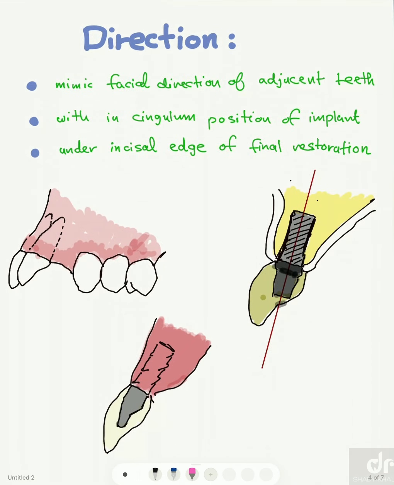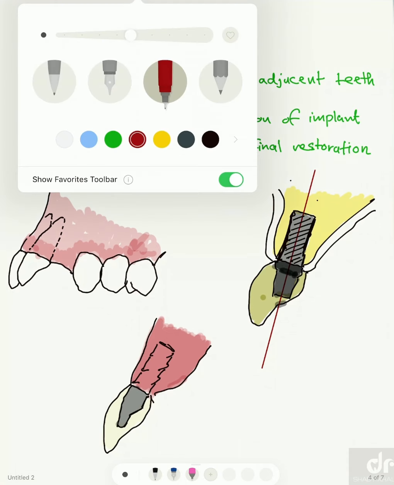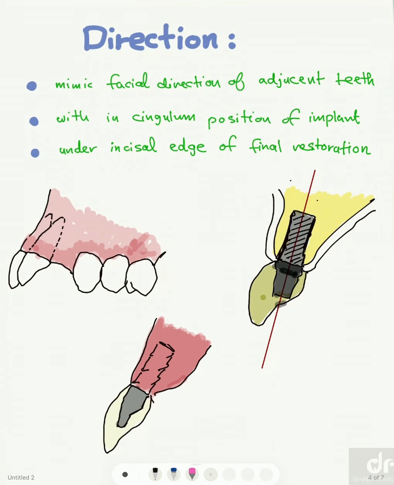So let's look now at the direction of the implant site, the direction of the width. We have three options, one of which is the master. Let's number them 1, 2, and 3. Number one is similar to the facial direction of the adjacent teeth.